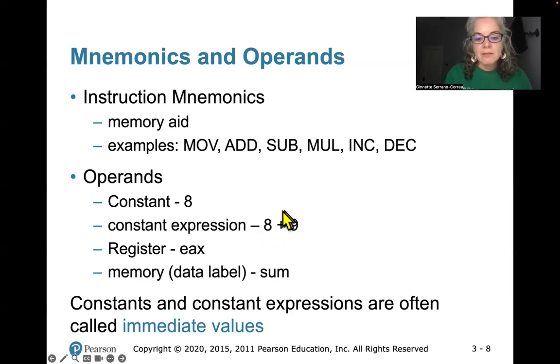It's constant, it never changes when the program runs. 8 plus 9 will just stay there, it will always be 8 plus 9. So it's not a variable. And then an operand can also be a register, and an operand can be a data label, like sum. Sum would be a variable, or what we call in assembly a data label.